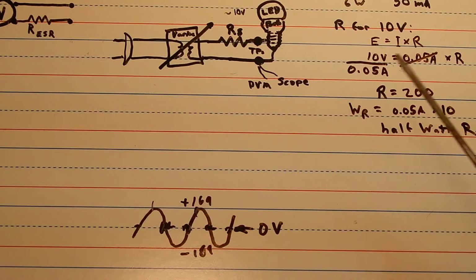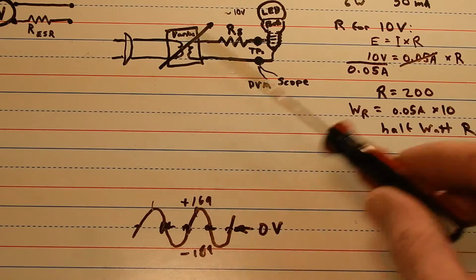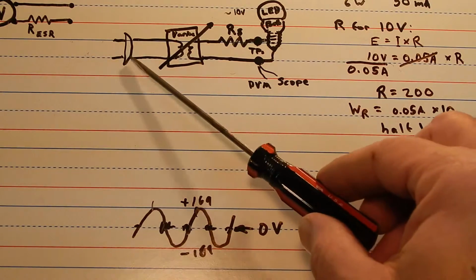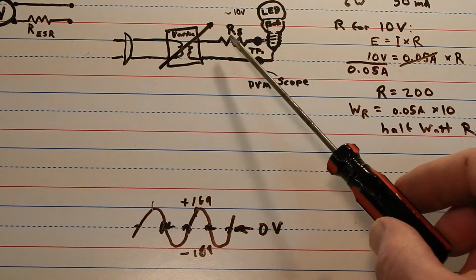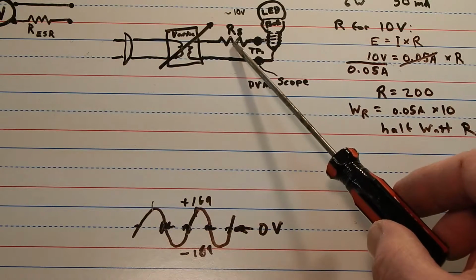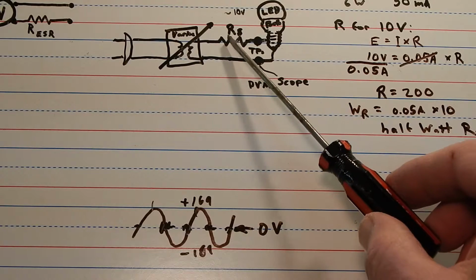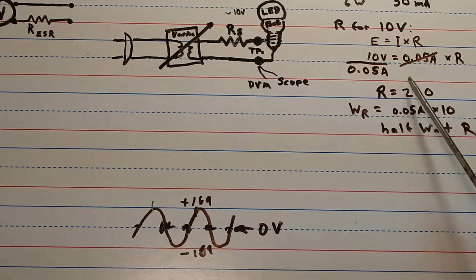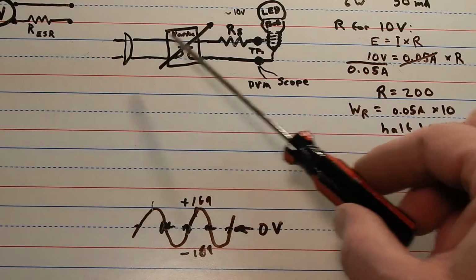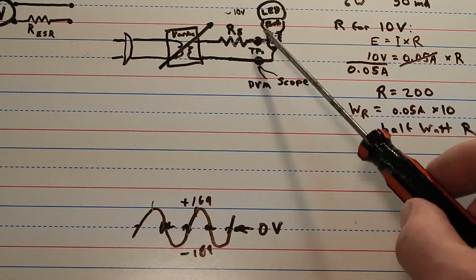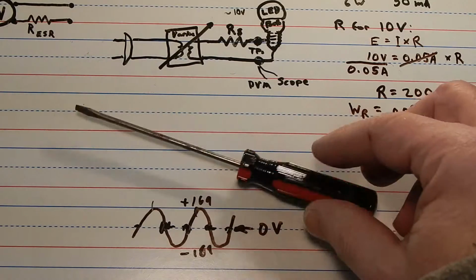Maybe I'll look at that later, but that's basically my test setup. I've got a power cord, isolation transformer to the variac, and a 180 ohm resistor, half watt, because I couldn't find 200 right off the bat. And that's it. I'm hanging the scope across these two points to see what I see.